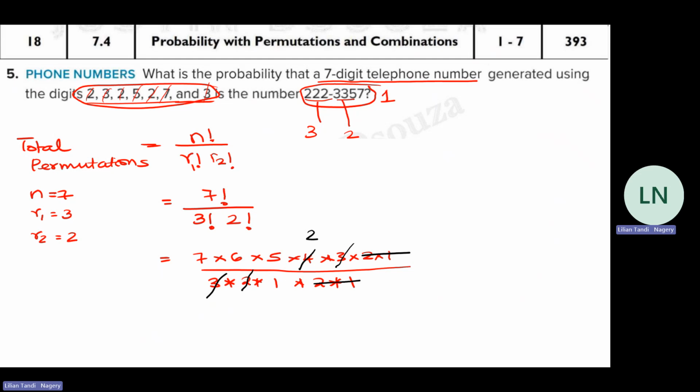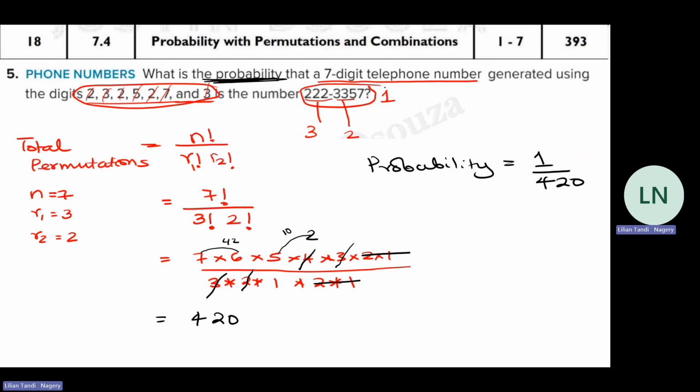So you are left with 7 times 6 and 5 times 2. 7 times 6 is 42. 5 times 2 is 10. So your total permutations is 420. What does the question want? What is the probability? So then probability will be 1 out of 420, because this number can only happen one time. It cannot happen more than one time. Okay?